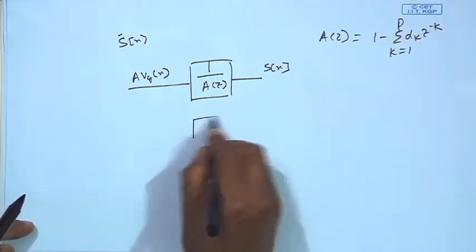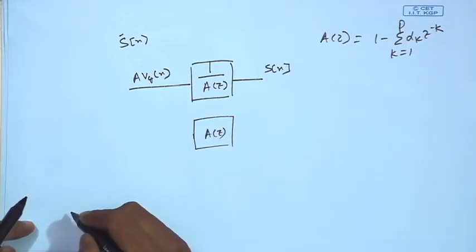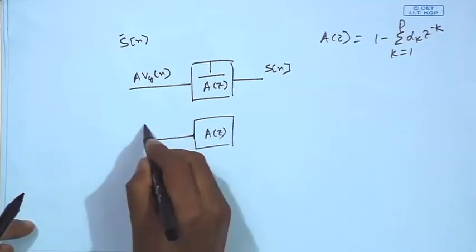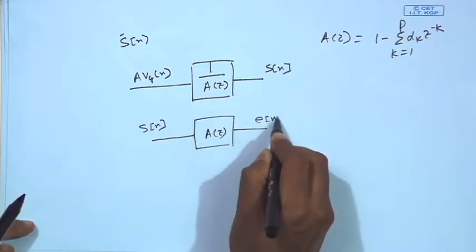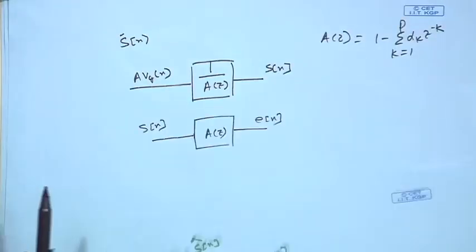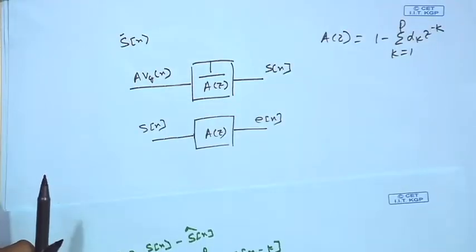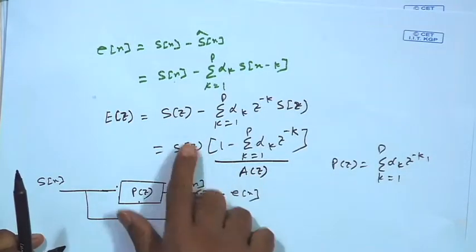Reversely, if I know A(z), if I implement A(z) and pass the signal S[n], I can get e[n], because E(z) is nothing but S(z) into A(z).